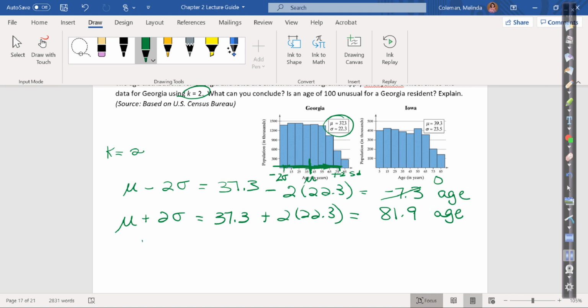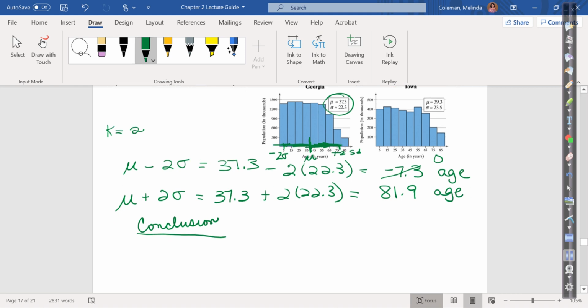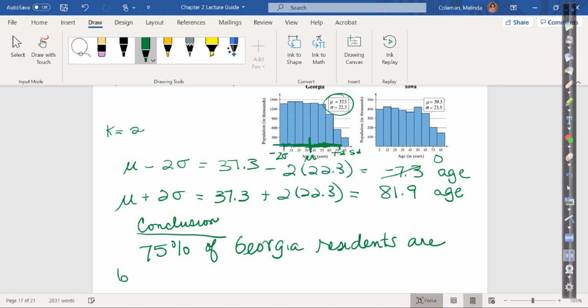And so the conclusion here then says that 75% of Georgia residents are between 0 and 81.9 years old.